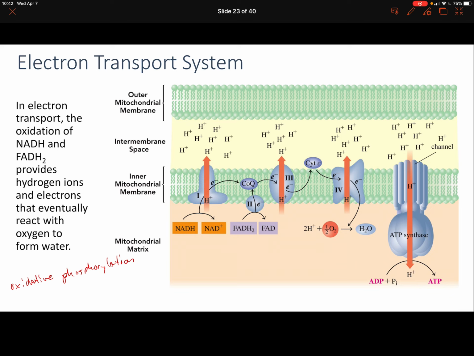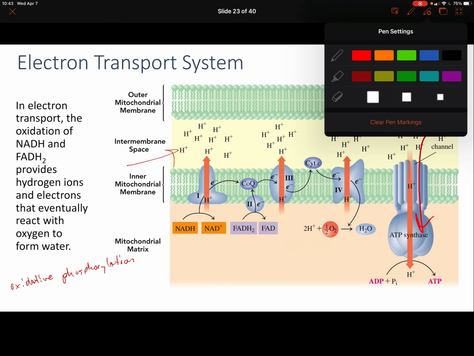But it basically is a theory or a model that describes how energy from the electron transport chain and that hydrogen concentration is used to drive the synthesis of ATP. And it basically says that complexes 1, 3, and 4 act as hydrogen pumps, and that because the hydrogen ions need to equilibrate and come back out, this is what drives that ATP synthesis.